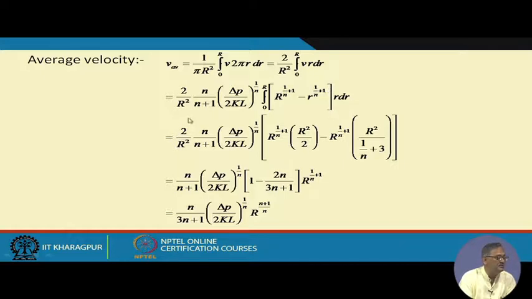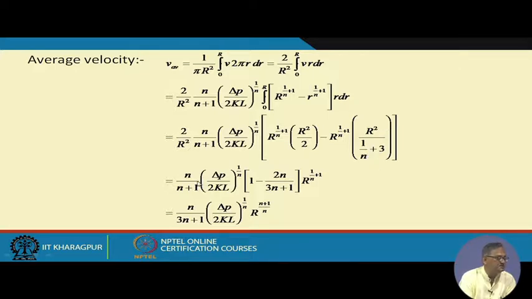So, this becomes 2 by r square into n by n plus 1 into (delta p by 2 k L) to the power 1 by n, times capital R to the power 1 by n plus 1 times r square by 2, minus capital R to the power 1 by n plus 1 times r square by (1 by n plus 3), right.